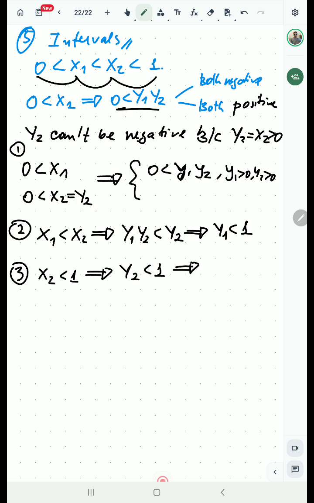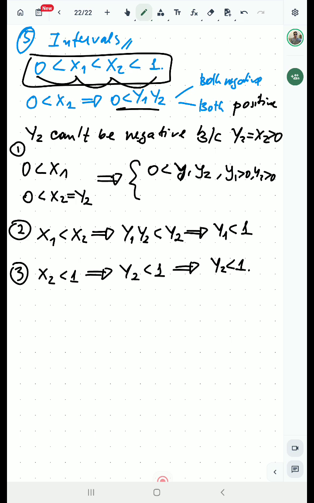So in this case, we could not actually see any dependence on the intervals of y1 and y2, meaning that although the x's were dependent on each other, with the condition that x1 should always be less than x2, and both within the 0-1 interval, we don't see that constraint on y1 and y2.